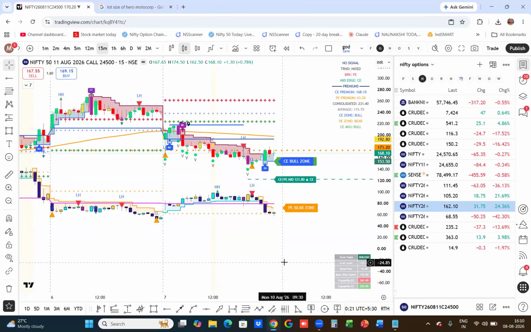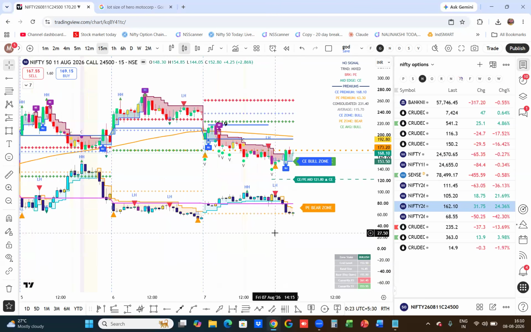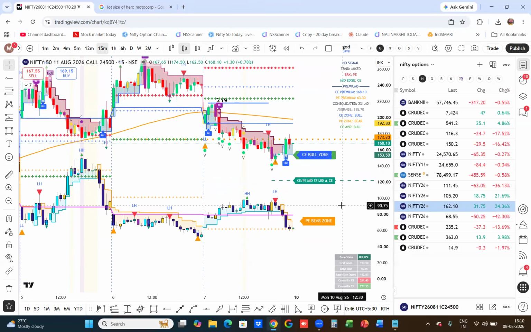What do they do? You can clearly see this going to this area, getting rejected and mimicking the underlying, and this put option is rising over here. You could have entered the same put option at 64. People who trade very low premium with multiple lots would have got minimum 30 points for this.